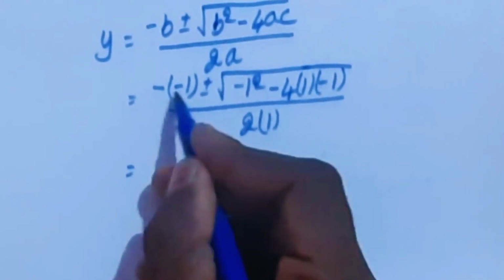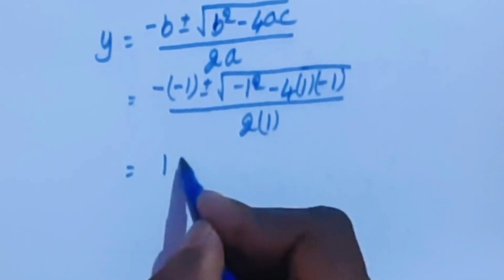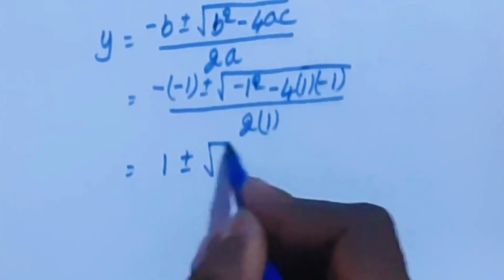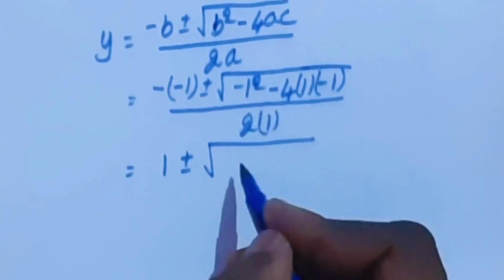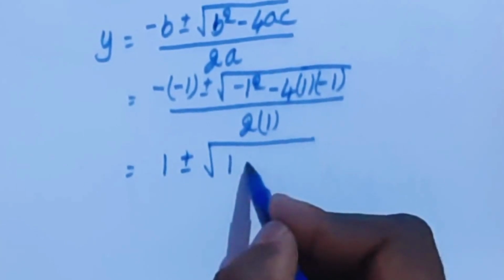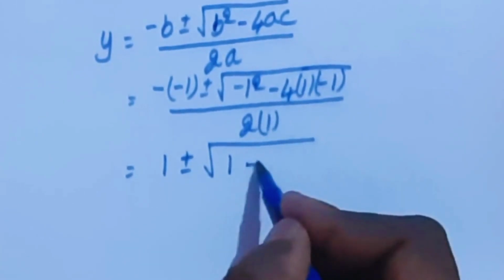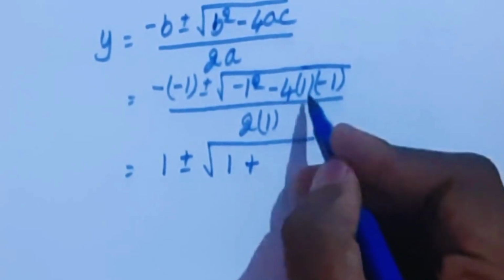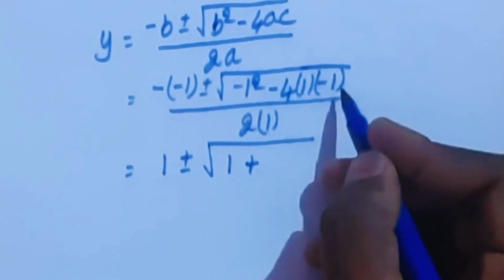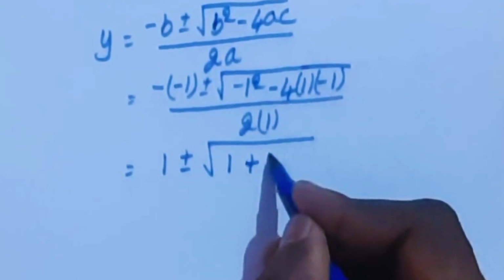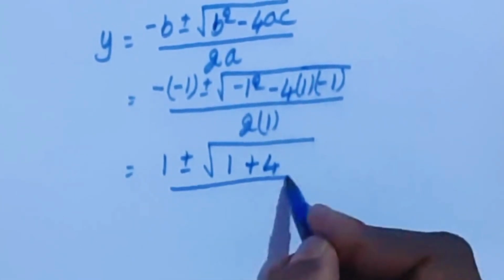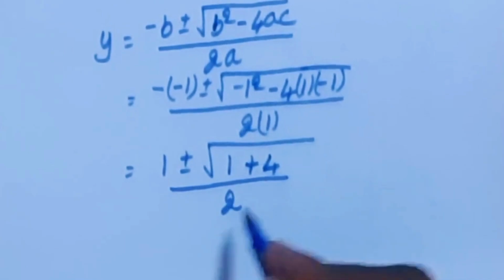Here minus into minus is plus 1 plus or minus square root of, here (minus 1) squared is 1, minus into minus is plus, 4 times 1 is 4, by 2 times 1 is 2.